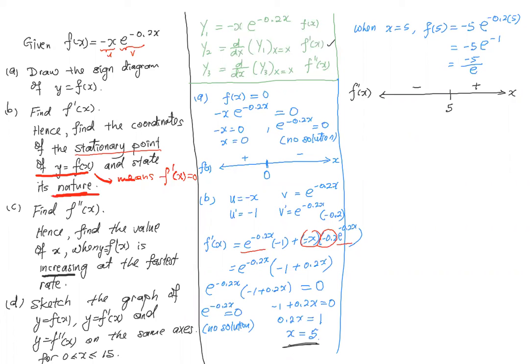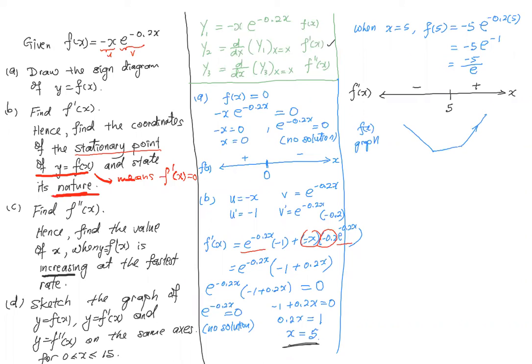Okay. So that means, look, my f(x) graph. So my f(x) graph, I use blue. Okay, so negative means go down. Stationary, go up.